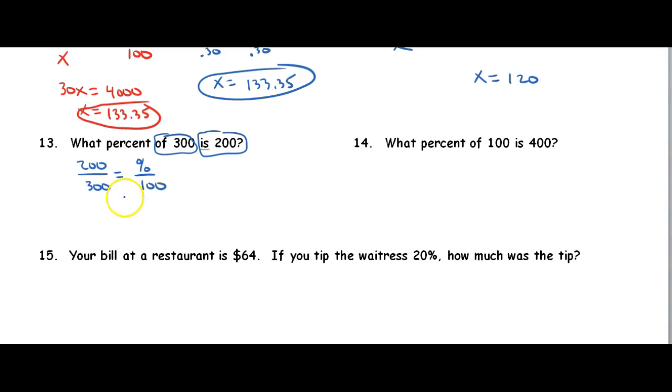That is one setup, and when you cross multiply, you get percent times 300, you're looking for the percent, we'll say x, equals 20,000, and when you divide by 300, you end up getting 66.67%.